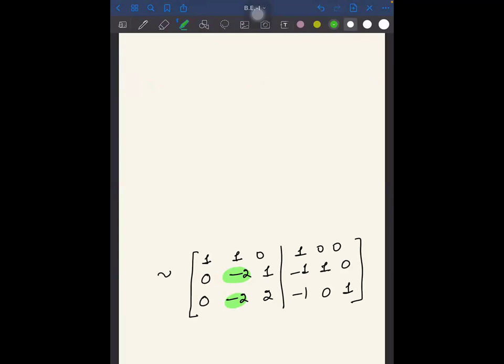So first of all, to make 1 over here, what do you need to do? You simply operate on R2 minus half times R2 and R3 minus half times R3. That's how it works.